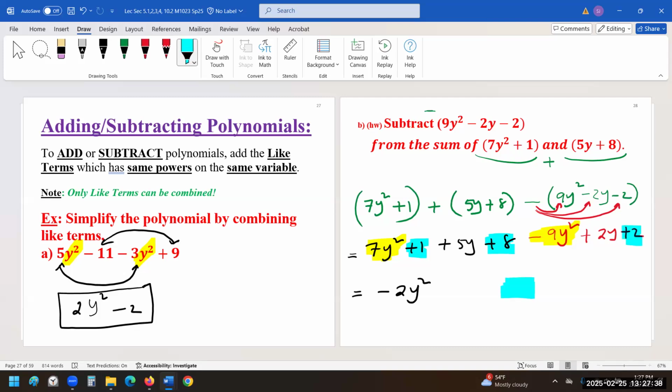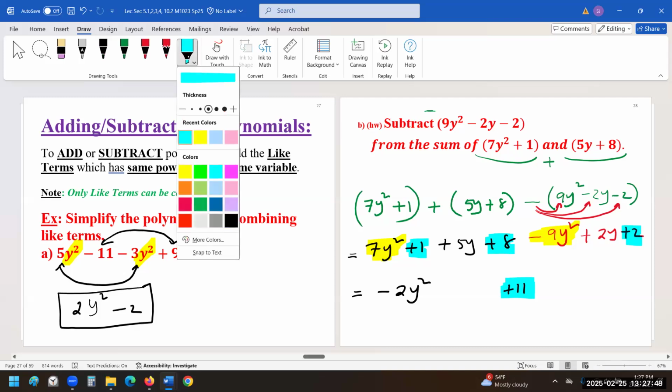When you collect all of them, how much do you have? 8 plus 1 is 9, 9 plus 2 is 11. And then lastly, when you subtract, the sign changes. So 9y squared becomes negative, 2y becomes positive, plus 2 becomes positive.